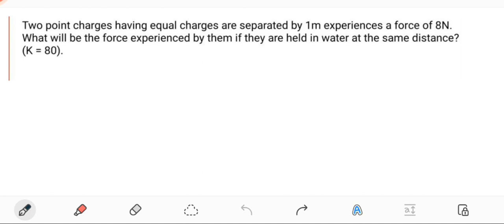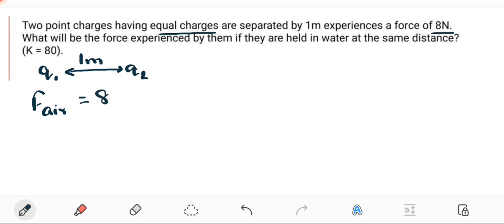When we talk about two point charges, let us consider we have two charges Q1 and Q2, both of equal magnitude, separated by a distance of 1 meter, and the force acting between them is 8 Newton.